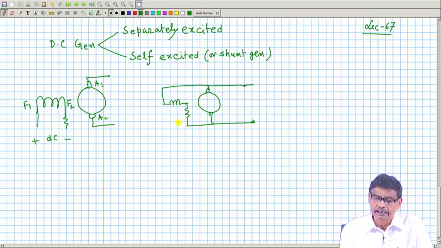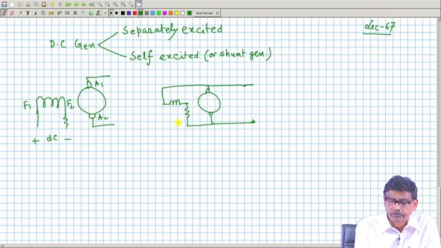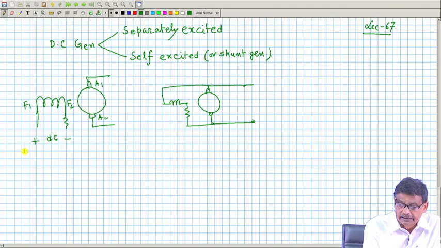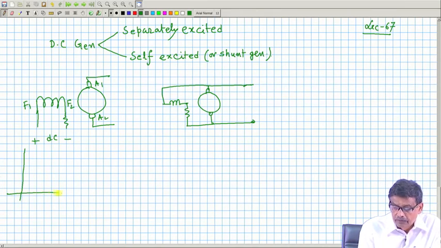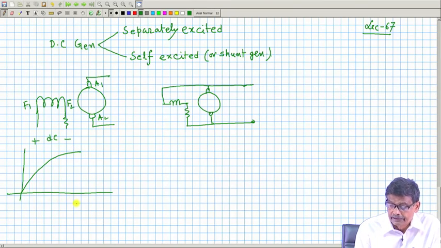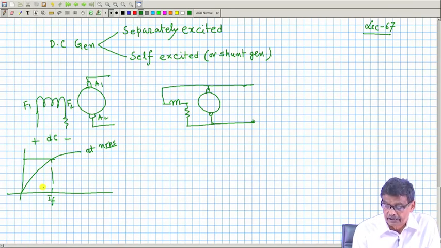We have seen its open circuit and load characteristics. The OCC of this generator was like this, but do not forget to mention the speed, say the rated speed, and this is the rated voltage and the nominal field current.